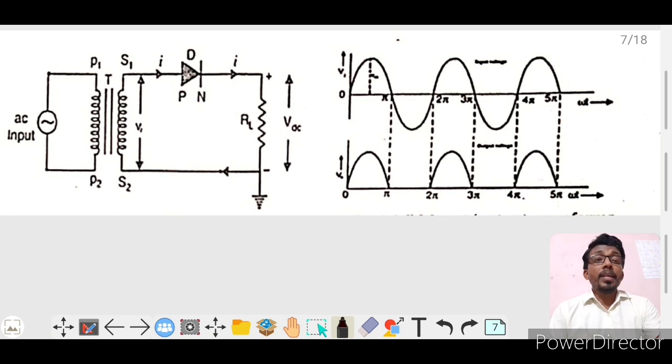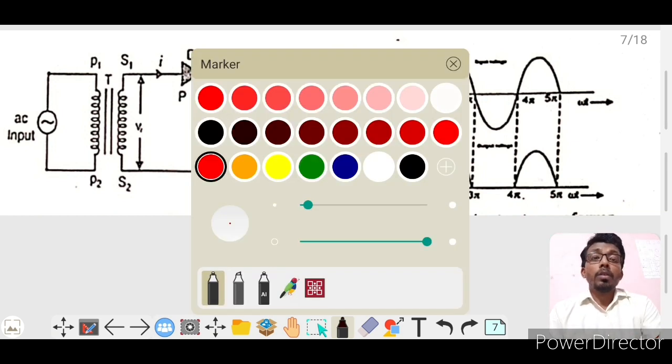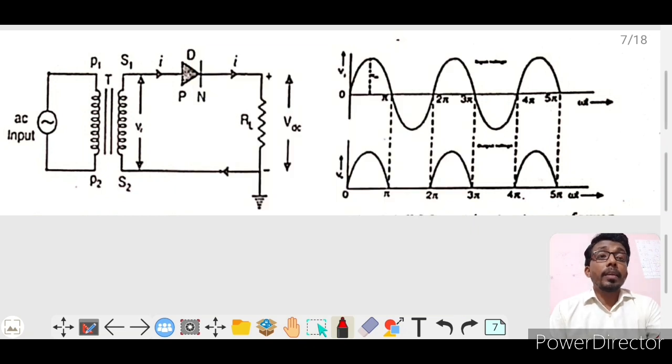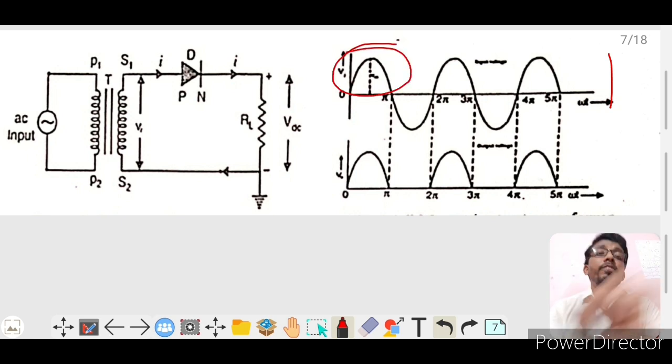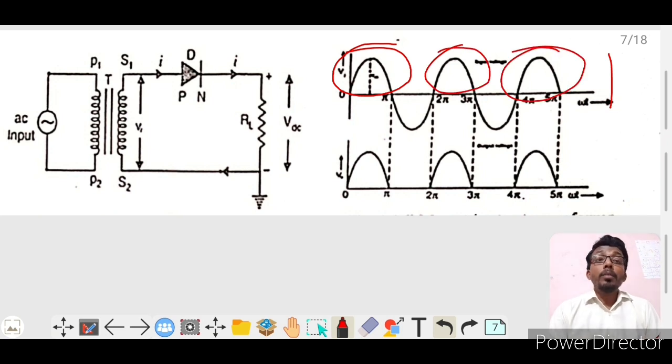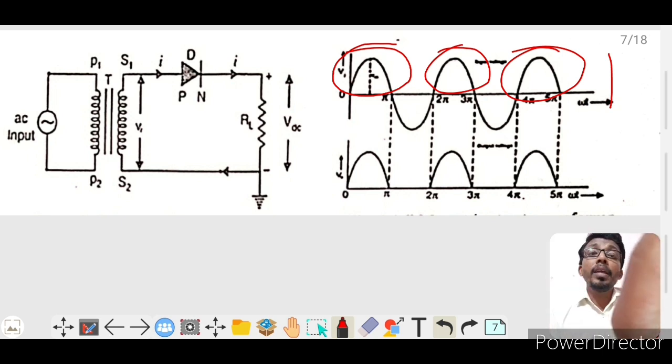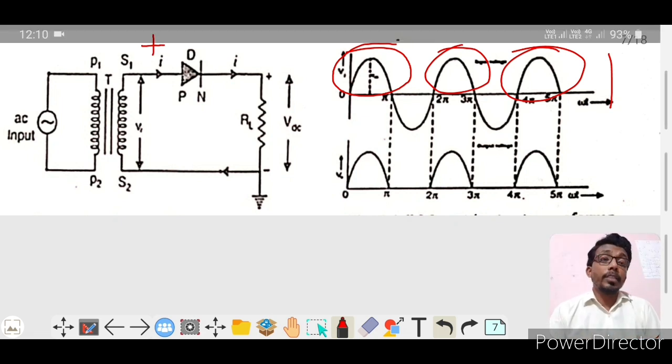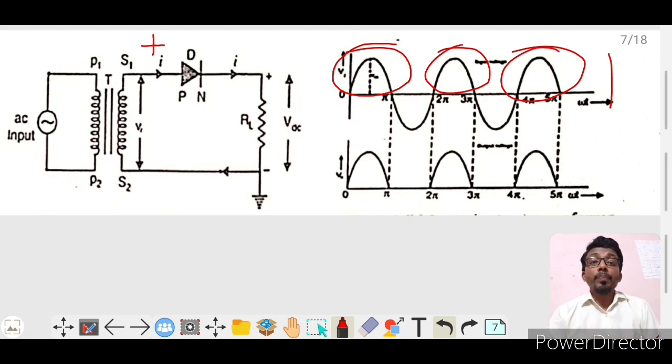So this is the complete cycle of the AC signal, and now we will consider only this part of our signal, that is the positive cycle of our AC signal. During the positive cycle of our AC signal, P is having the positive terminal and N is having the negative terminal.